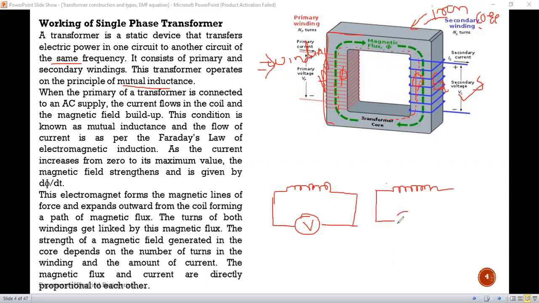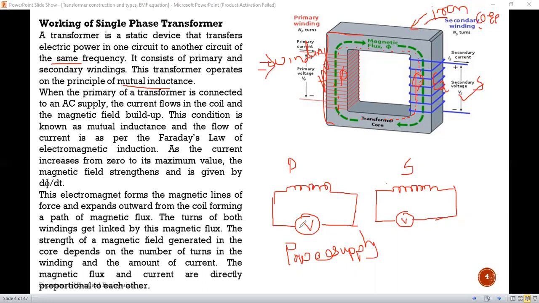Okay, so see, consider two coils. These two coils are not electrically connected, but they are kept near to each other. That means they are magnetically coupled to each other. When a power supply is given to one coil, the first coil, suppose this coil is called the primary and this coil is called the secondary.